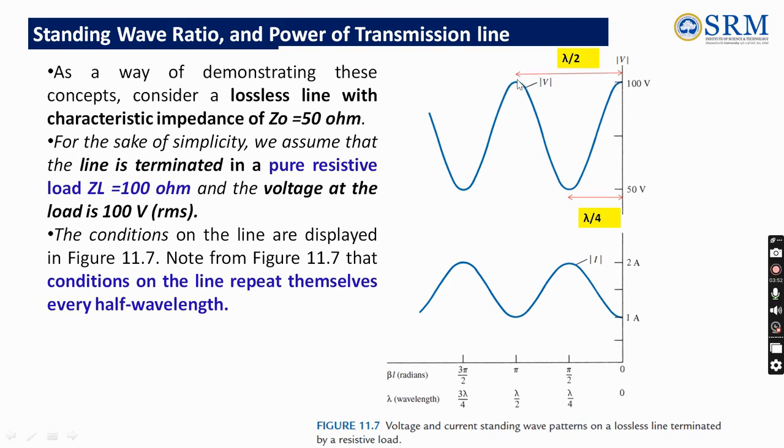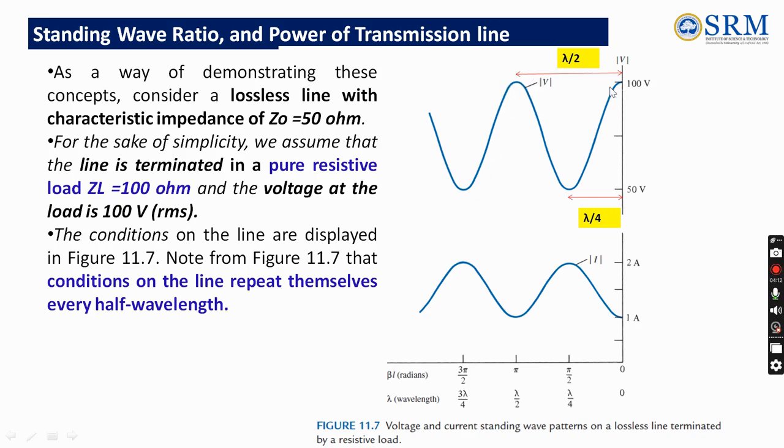These are the standing waves created because of the mismatch between the load and the characteristic impedance. Here it is 100, here it is 50. Because of the mismatch, standing waves are created where we see voltage max and min.